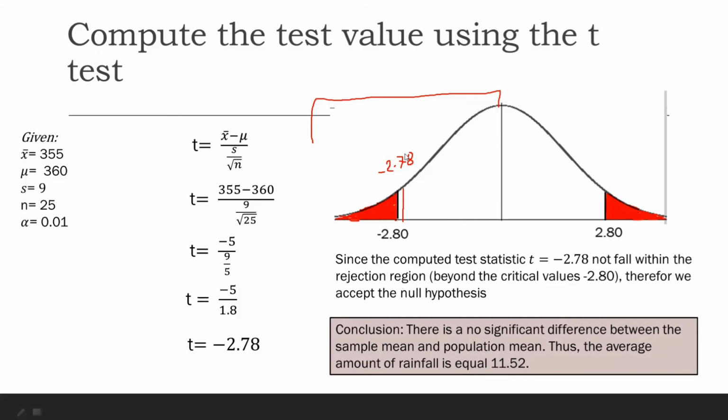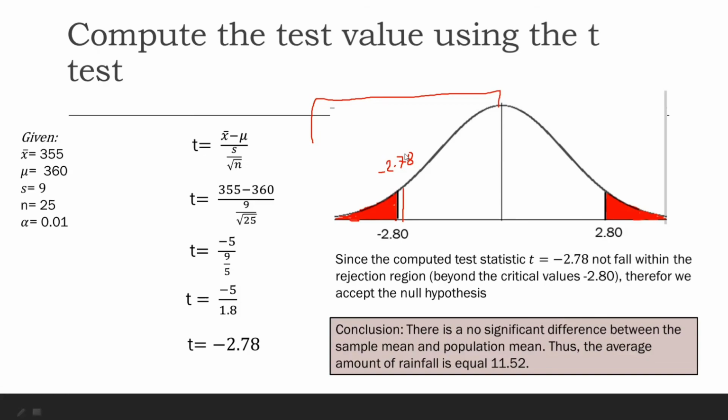So pwede natin gamitin yung sample mean natin, or pwede tayong kumuha ng selected provinces to get the mean, dahil wala naman siyang pagkakaiba sa ating population mean. Kapag nag-conduct tayo ng survey, kahit ba 1,000 provinces yan. So thus, the average amount of rainfall is equal to 11.52.